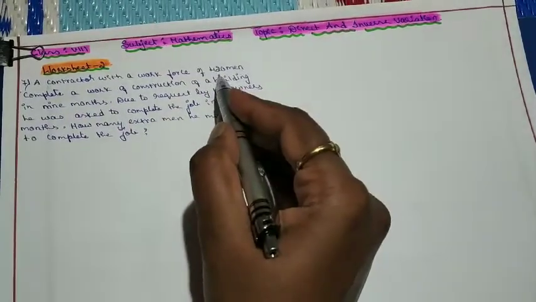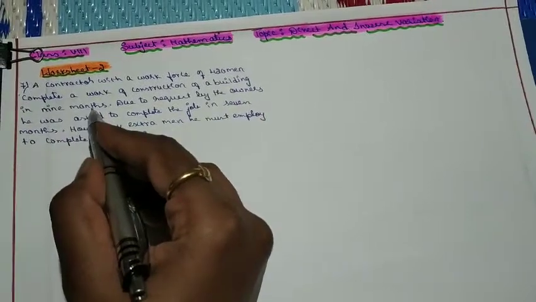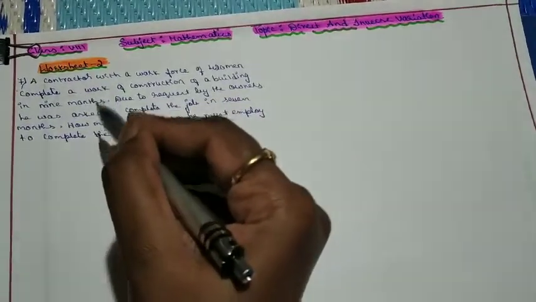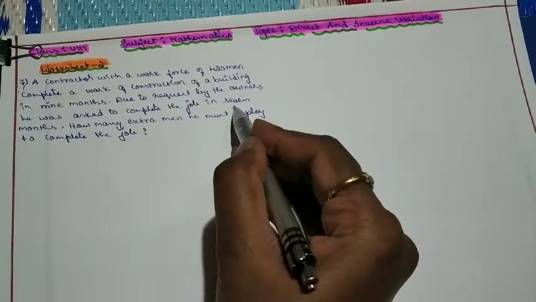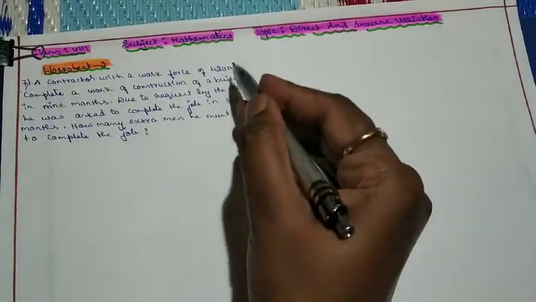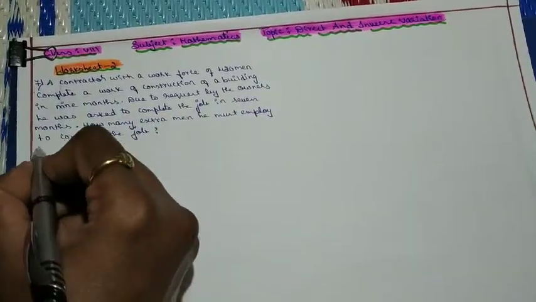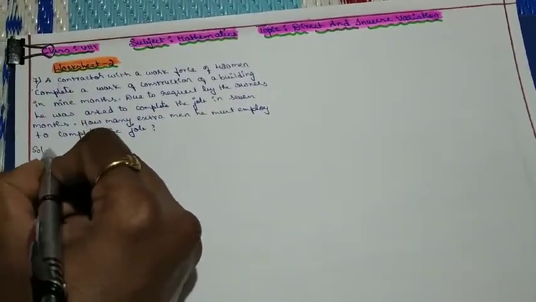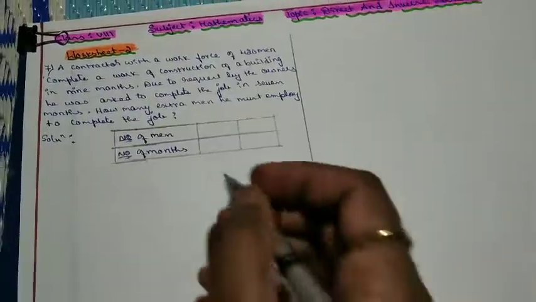So here 420 men employed finish the job in 9 months. If they want to finish the job within 7 months, then he needs to employ more than 420 men. So let us solve and find how many men are required to complete the job in 7 months.